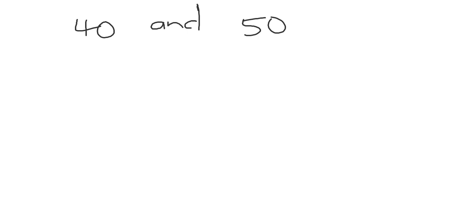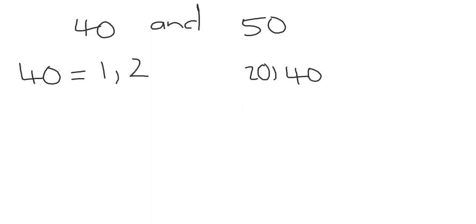So let's start off by listing the factors of 40, the numbers that can divide 40 without leaving a remainder. We have 1 and 40, because 40 divided by 1 is 40. Then the second factor is 2. 40 divided by 2, we get 20.